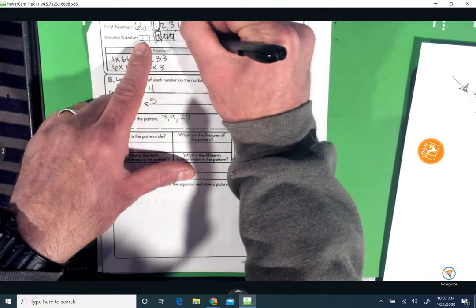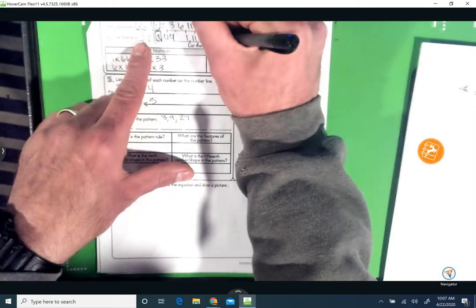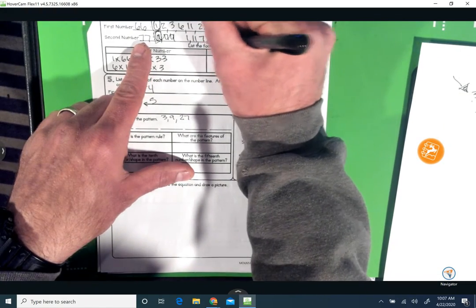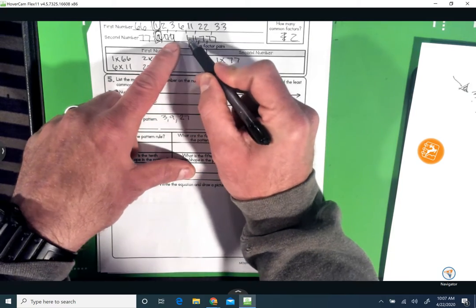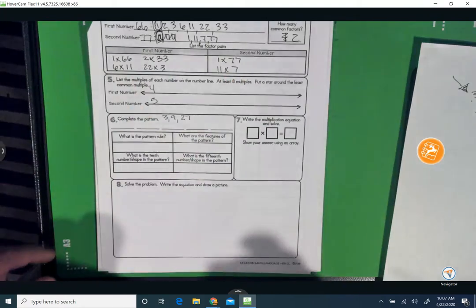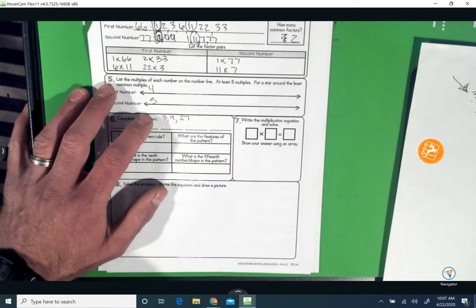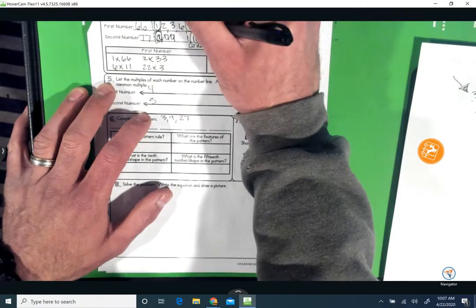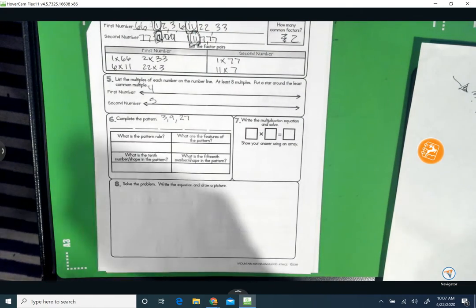Let me write these appropriately. 1, 11, and 77. 1, 11, 7. That's way out of order. I'm so sorry. Should be 1, 7, 11, and 77. The greatest common factor is 11. Okay, put a square around it.